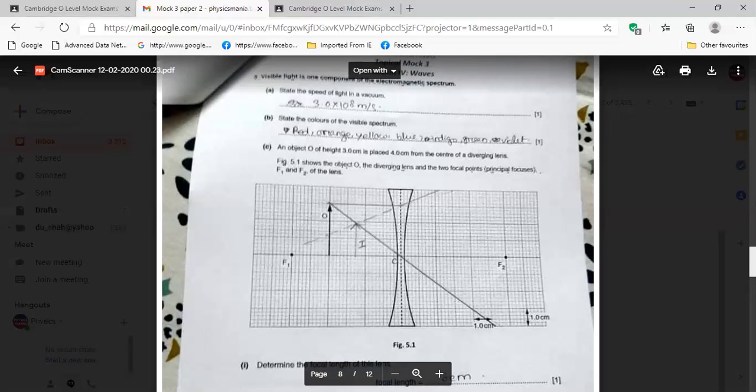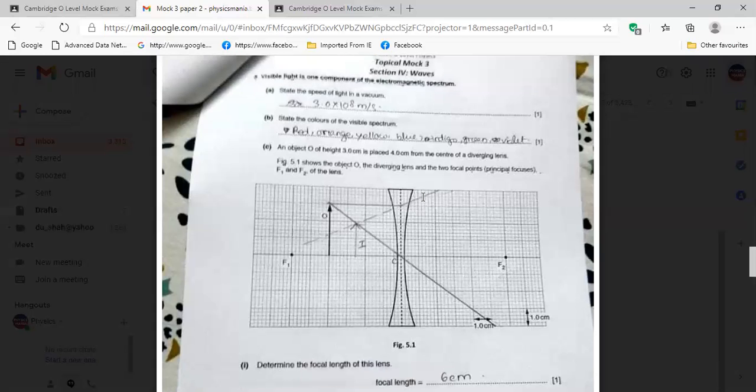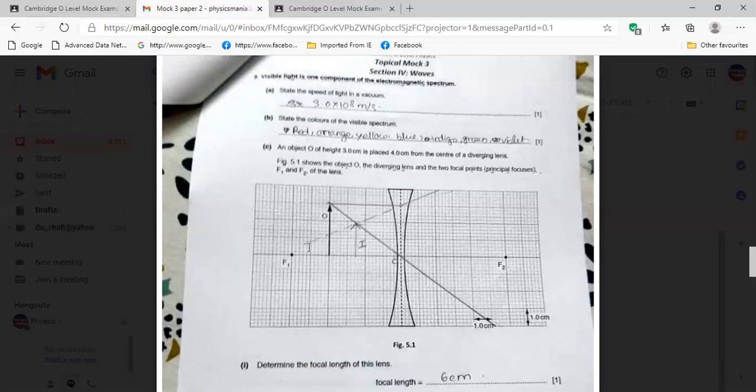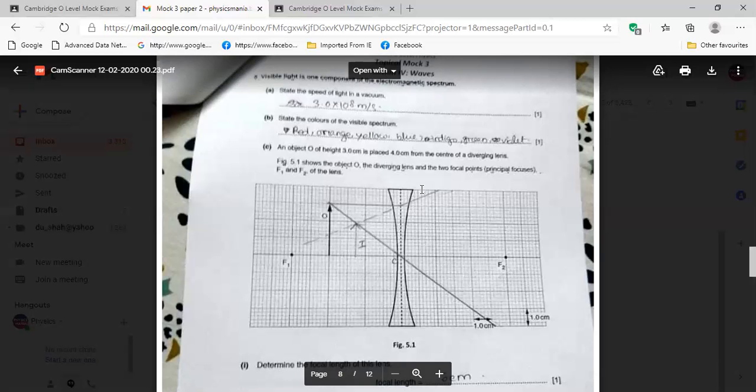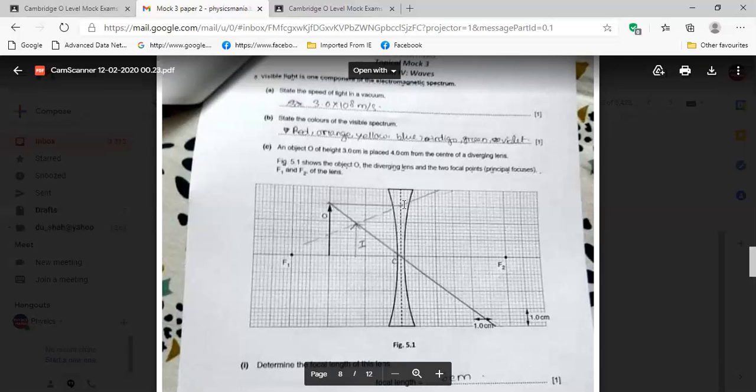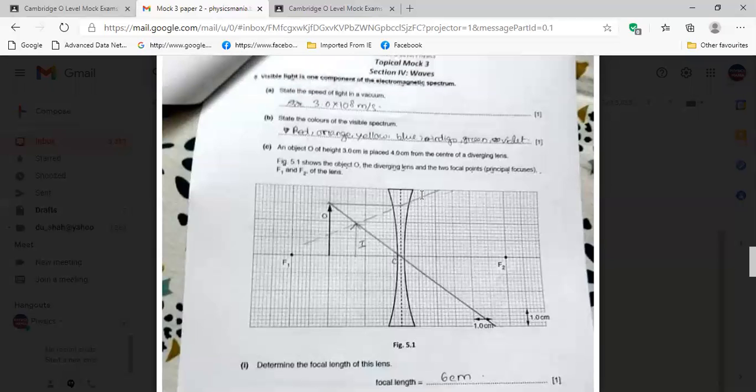Let me cross the F1 part, right? Yes, you should cross this F1 part, this parallel line. If you extend back, you should cross the F1. And before drawing this ray, you draw it from here, okay? Then it will come automatically.